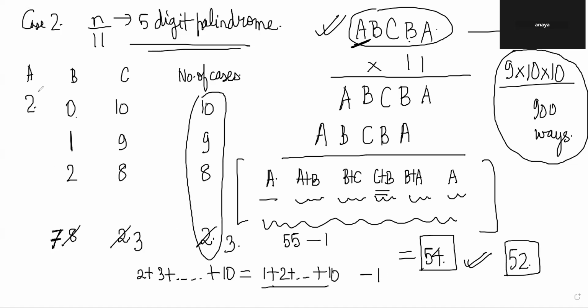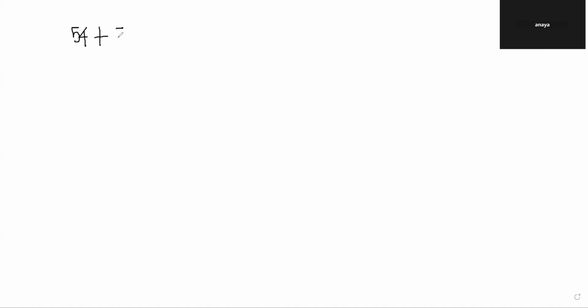Like this, you have to keep changing A to 3. Now you'll go up to only 6 and so on. Do you understand what I'm saying? When you do it carefully, you'll get 54 plus 52. This is for A is 1, A is 2, then you get the same pattern. You subtract 1 and 2, then after that 1 and 2 and 3 from the sum.